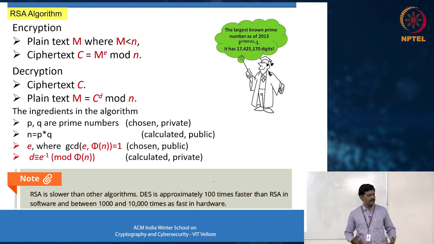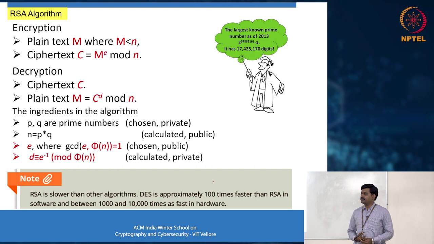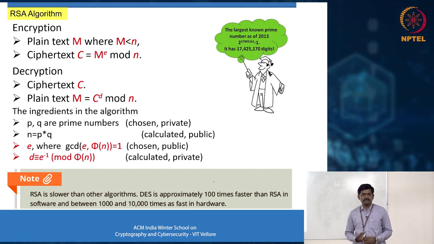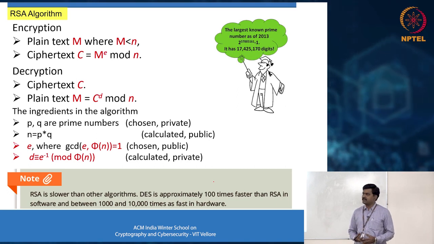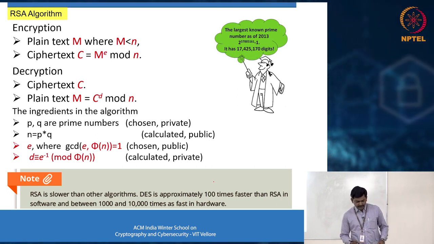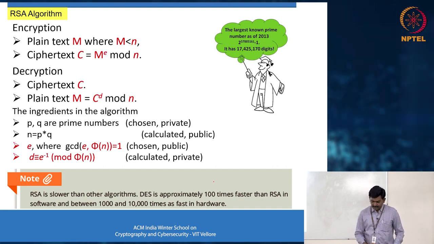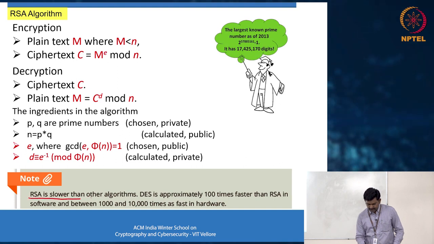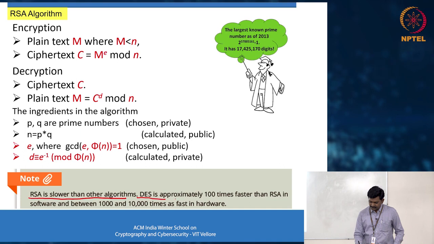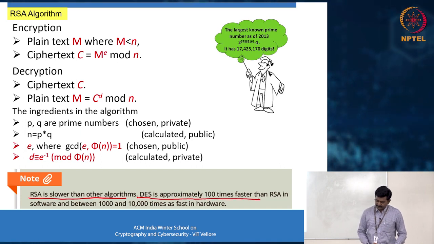There is a key scheduling algorithm, right? So symmetric looks slow when I look at the number of steps, and asymmetric looks very fast. But when you look at any public key cryptography algorithm, they are relatively slow compared with symmetric algorithms. So RSA is slower than other algorithms. DES is approximately 100 times faster than RSA.